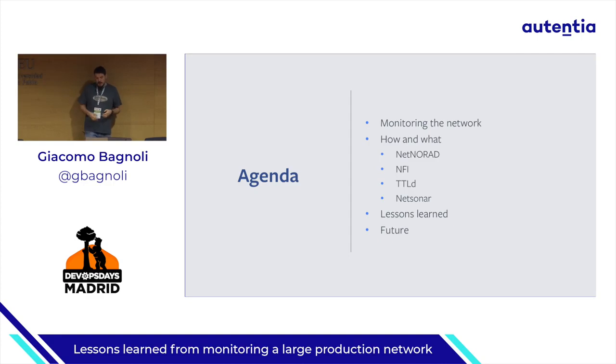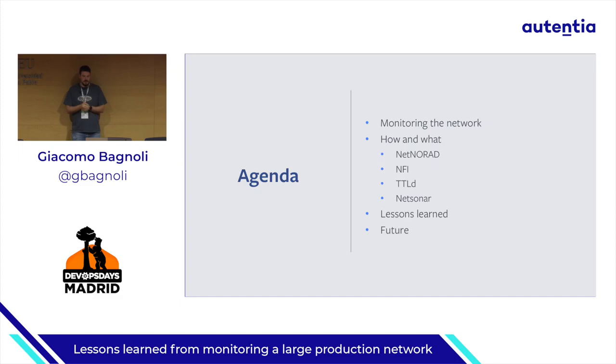So today I'm going to talk about what we learned in trying to monitor this large production network that Facebook has. I will first go a little bit into how we monitor the network, what tools we built to monitor it, and why we are not using tools that exist.